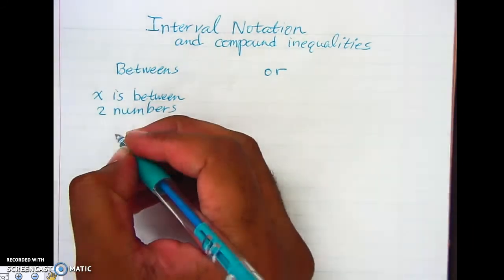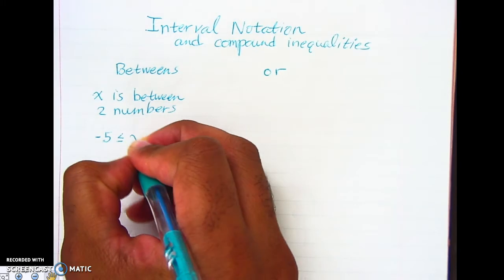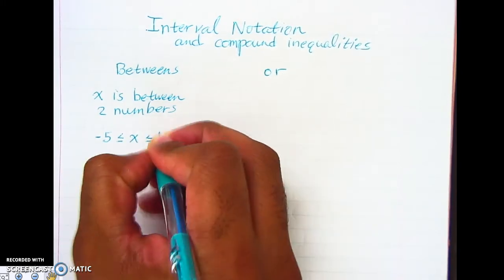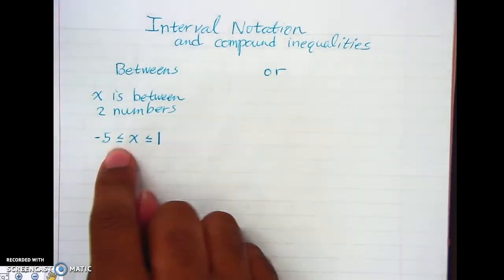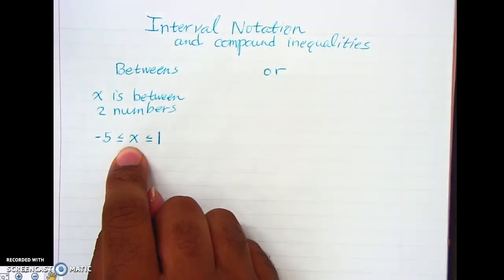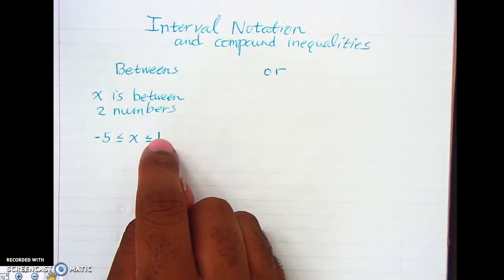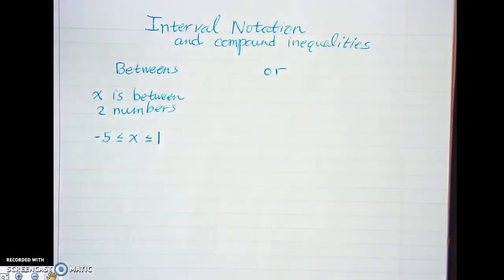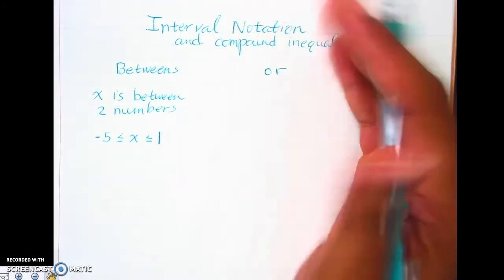And when we say a between, that means something like this: -5, so x is between -5 and 1. So x is greater than -5 and x is less than 1. So we have a between, a compound thing. Multiple things are happening. And then you can also have the or, and we can make it an and.